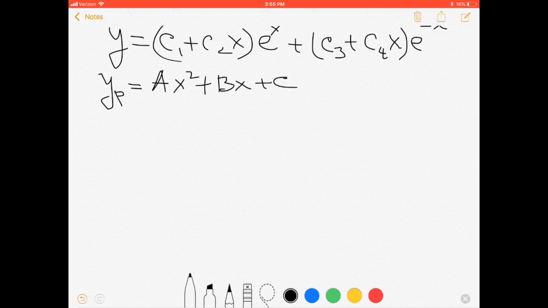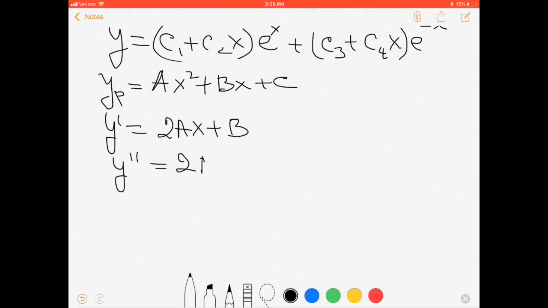We need to find all derivatives up to the fourth. The first derivative gives us 2ax plus b. The second derivative gives us 2a. And the third and fourth derivatives will be 0, and all other higher order derivatives will be 0.